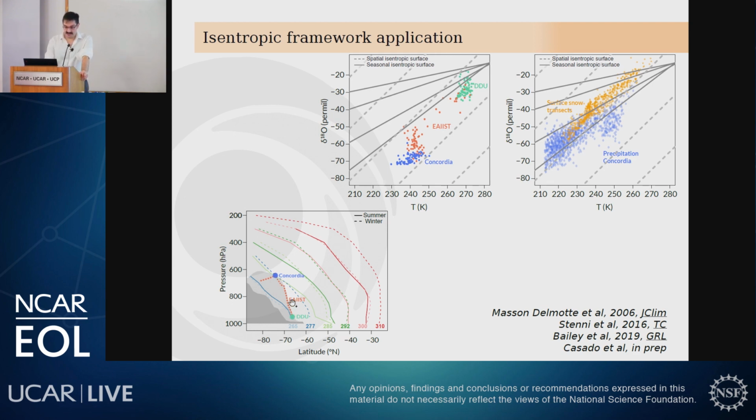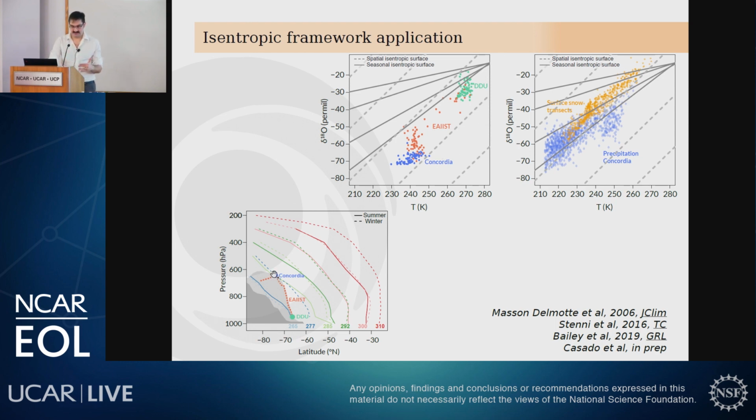If you're looking at spatial variations of temperature and isotopic composition, you're going more or less along isentropic surfaces, traveling along a single surface. Of course, it's a bit more complicated in real life, but more or less the main variability is that you're changing the rain fraction for a single surface. And this would relate in these isotopic composition-temperature plots as those dashed lines.